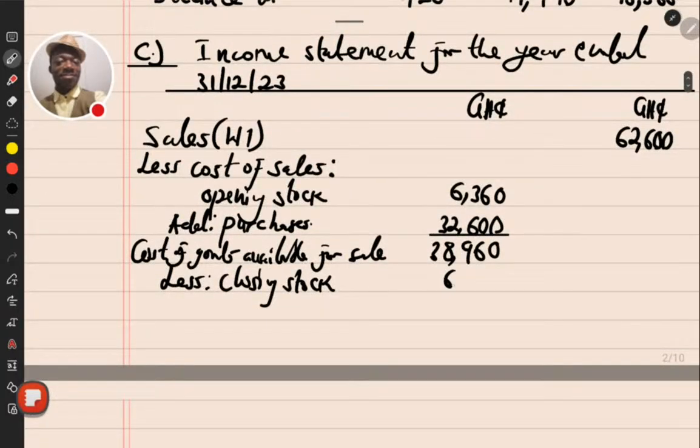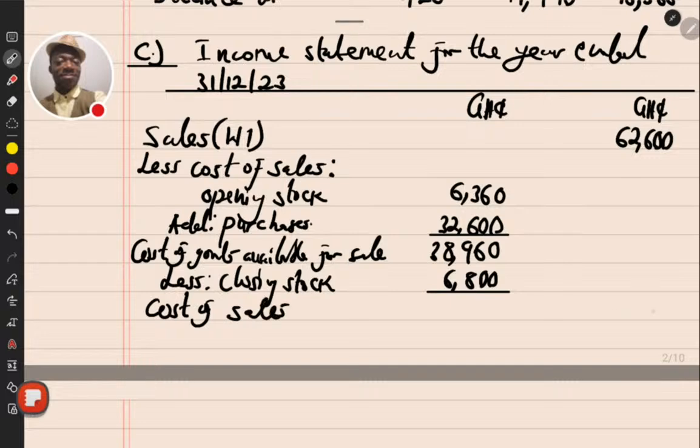So in summary, what do we get? That will give us our cost of goods sold or cost of sales.